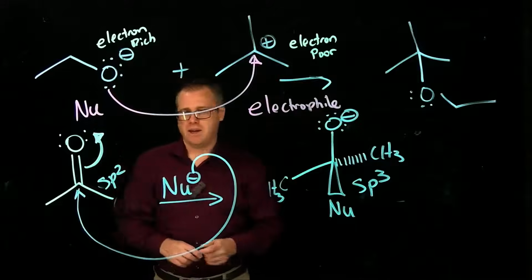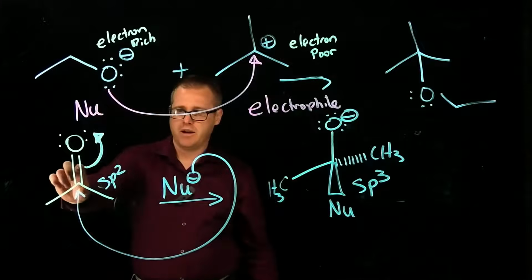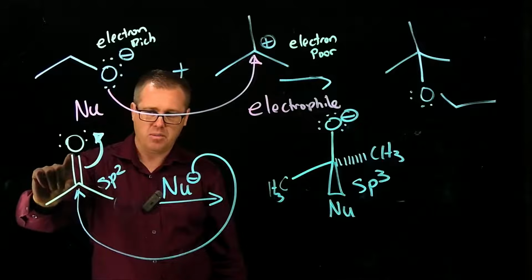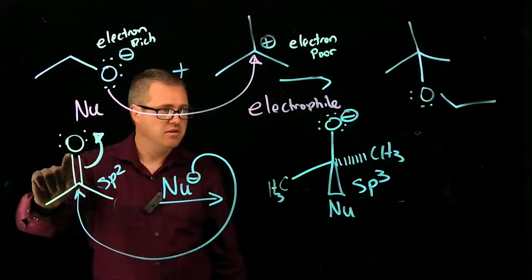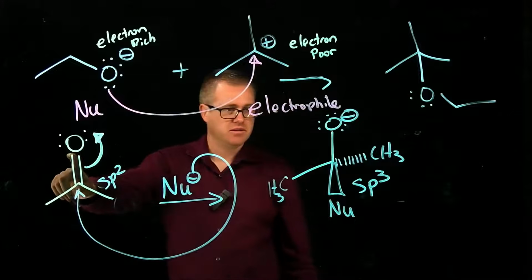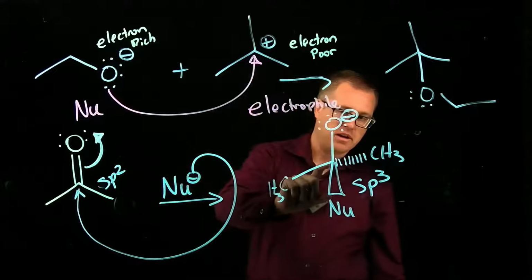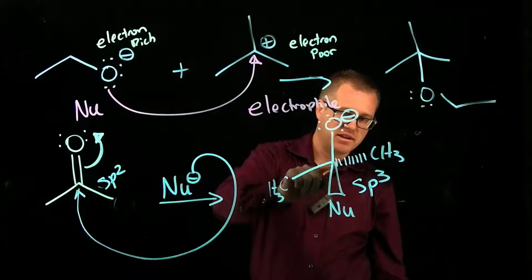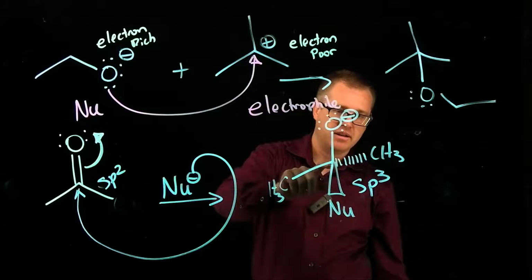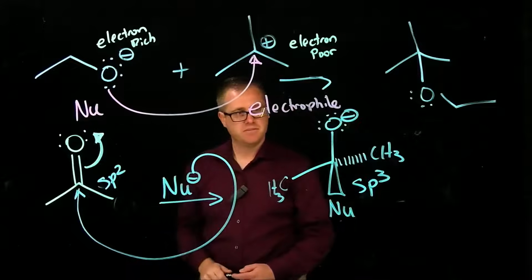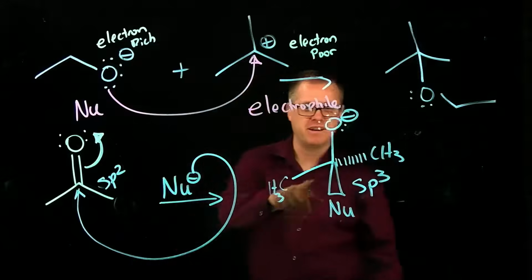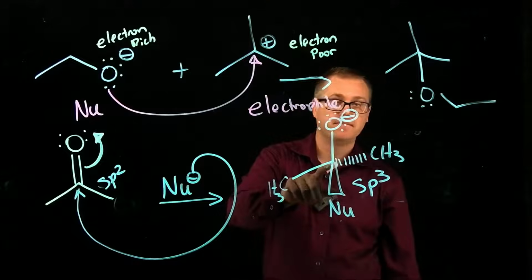So what are we doing here? We are exchanging a pi bond for a sigma bond. So this pi bond, we're exchanging it for this sigma bond right here between the nucleophile and the carbonyl. Well, that's no longer a carbonyl carbon anymore, is it?